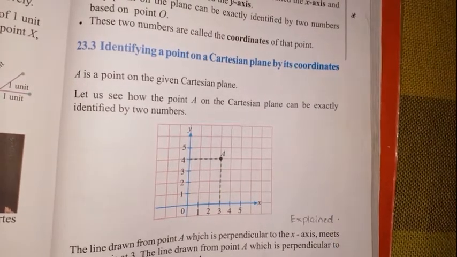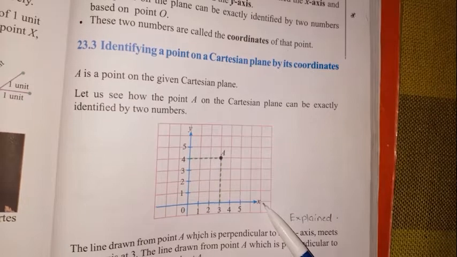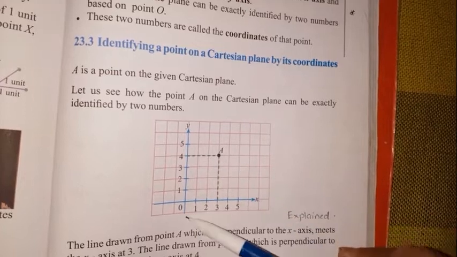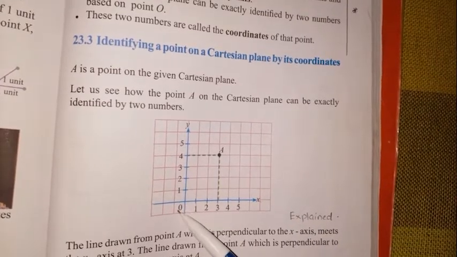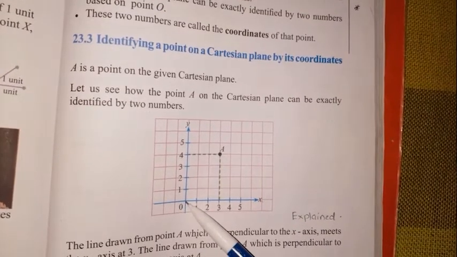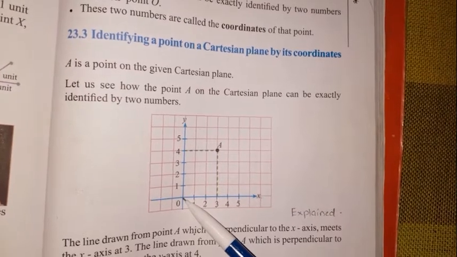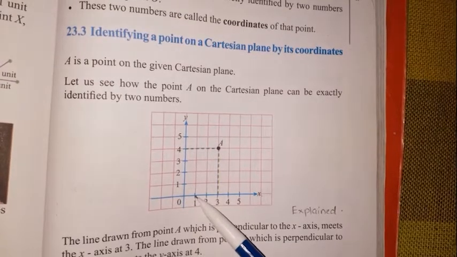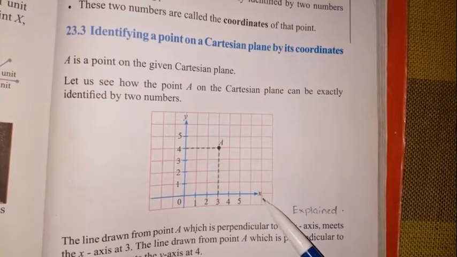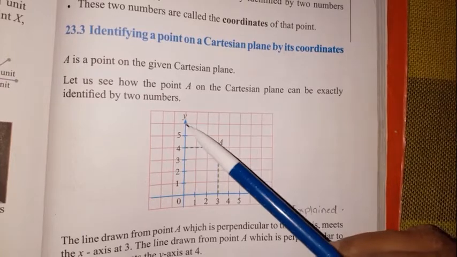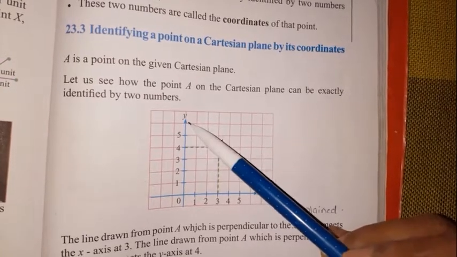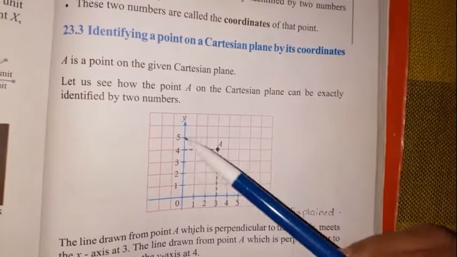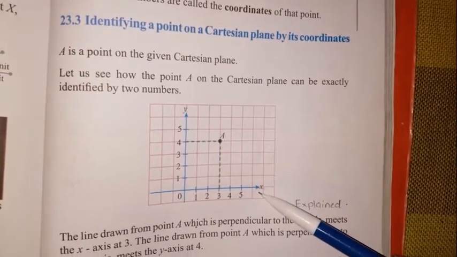Okay. Can you see there are two axes? X-axis and y-axis. Here the point, then number line 1, 2, 3, 4, 5 drawn, arrowheads also. Here 1, 2, 3, 4, 5. Only positive numbers they have given.